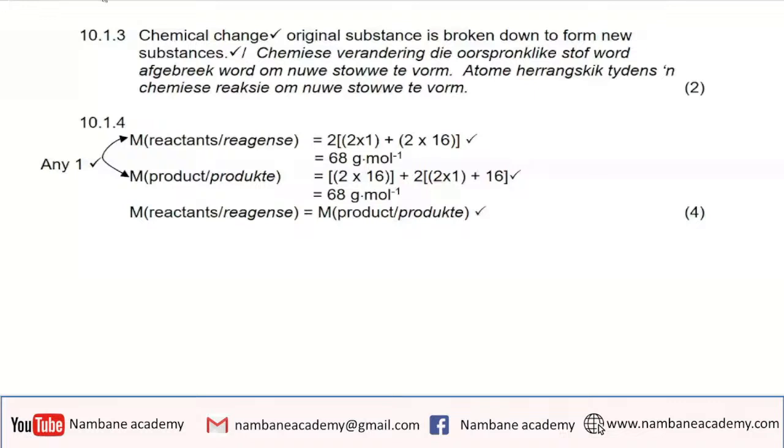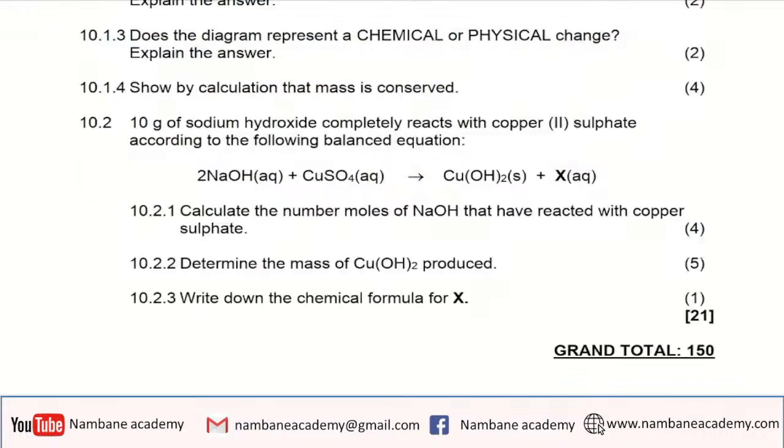10.2, it says there 10 grams of sodium hydroxide completely reacts with copper 2 sulfate according to the following balanced equation. So we have 2 sodium hydroxide reacting with copper sulfate, and then they give us copper hydroxide and X. Now calculate the number of moles of sodium hydroxide that reacted with copper sulfate, for 4 marks.